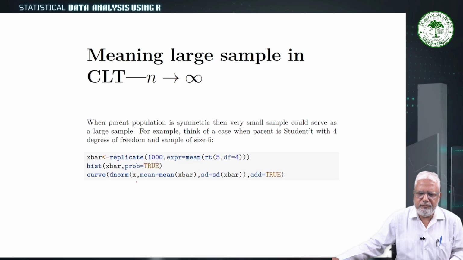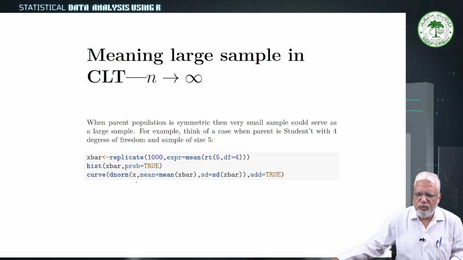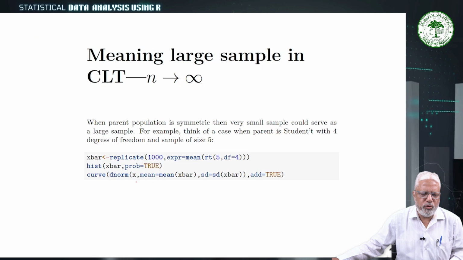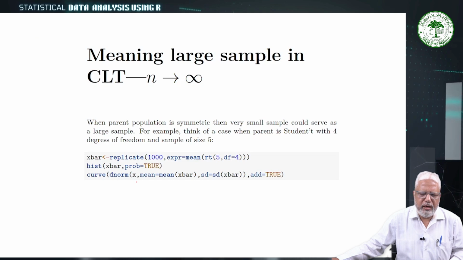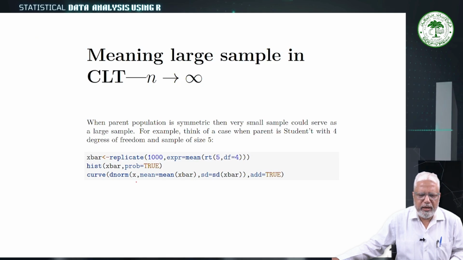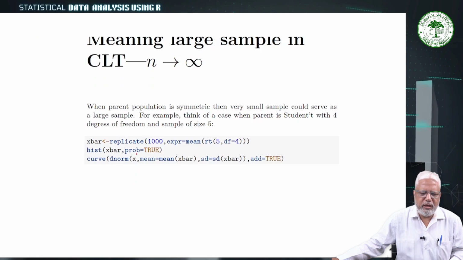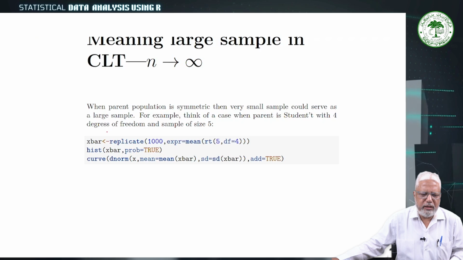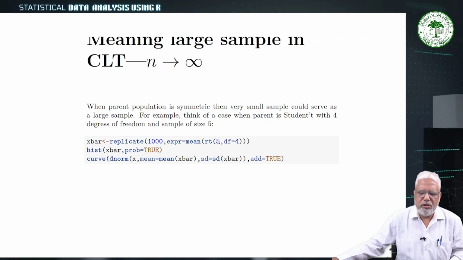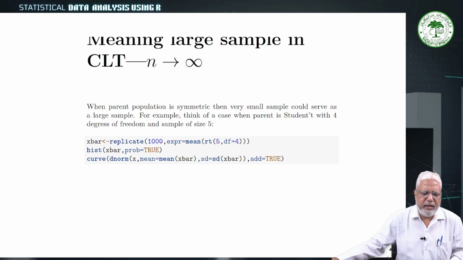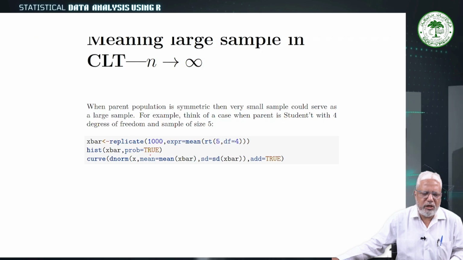For example, think of a case when the parent is Student t with 4 degrees of freedom and a sample of size 5. So, we are replicating, getting means from the t distribution with 4 degrees of freedom, with sample size 5, and we are generating its histogram.